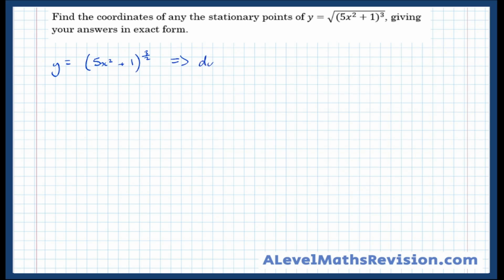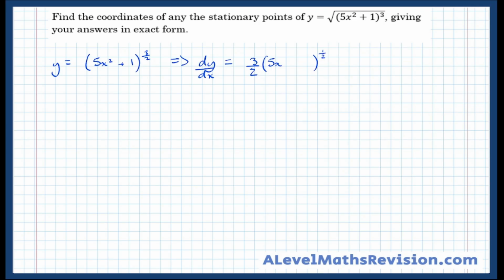Which means that, well, let's differentiate it. And at this point, you might want to pause it, have a go yourself, see if you can manage it. Then check your answer against mine. So first thing, differentiate the full thing from the outside. Don't even look inside the bracket yet. We get 3 over 2 bracket to the power of, so times by the power, take 1 from the power.